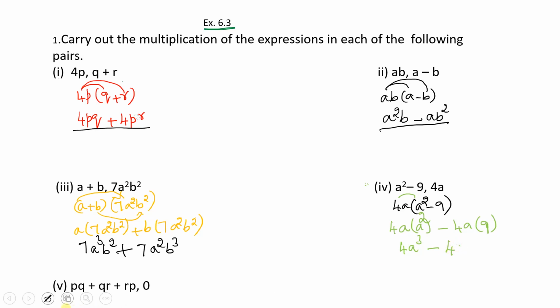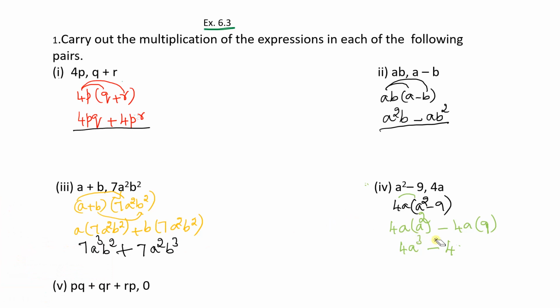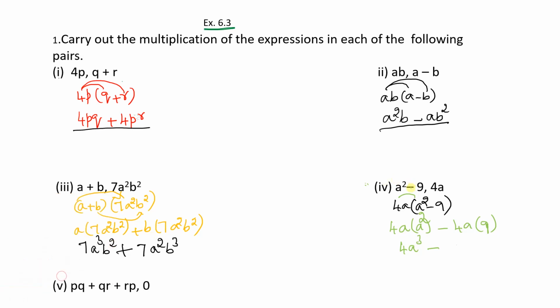You can directly write this as 36a. So it is 4 nines are 36a.